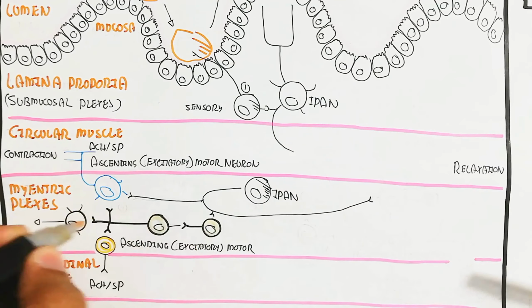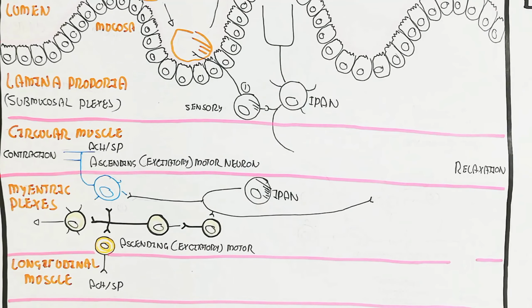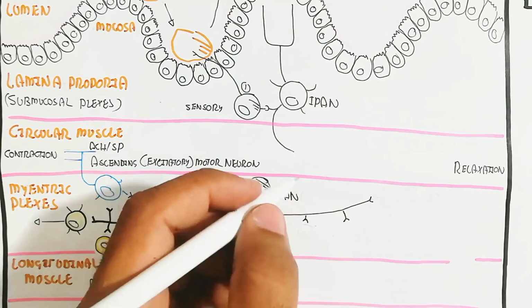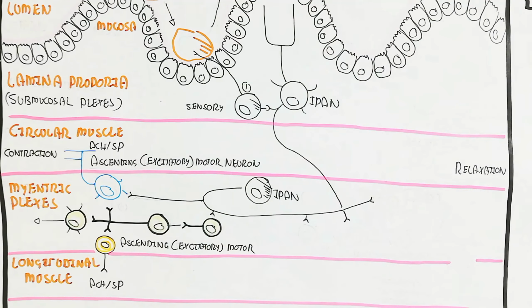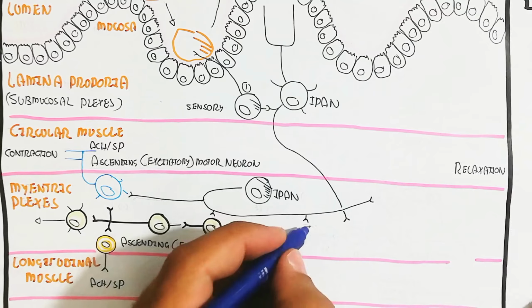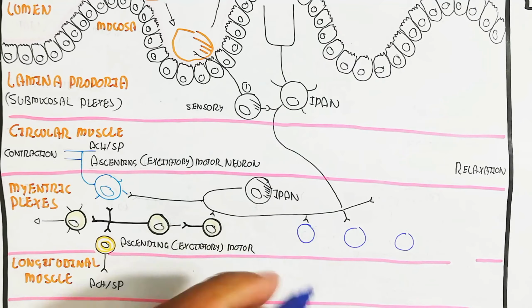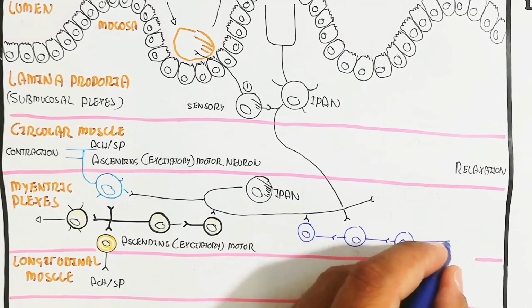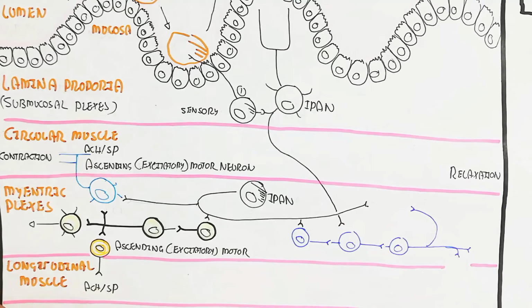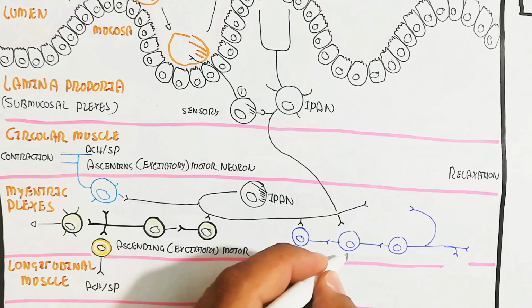This descending interneuron gives the signal toward the ascending excitatory motor neuron, and the ascending excitatory motor neuron is here, which will lead to contraction through the acetylcholine neurotransmitter, and the longitudinal muscle and circular muscle contract at the same time.